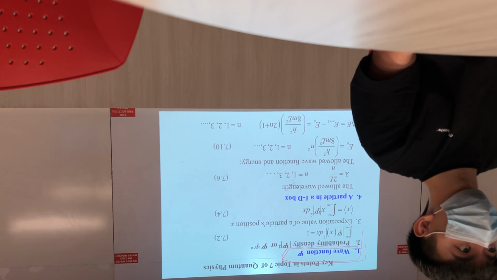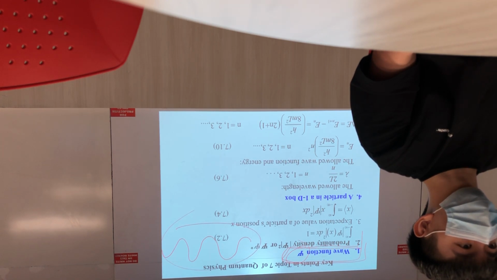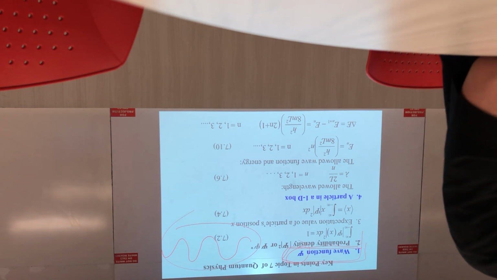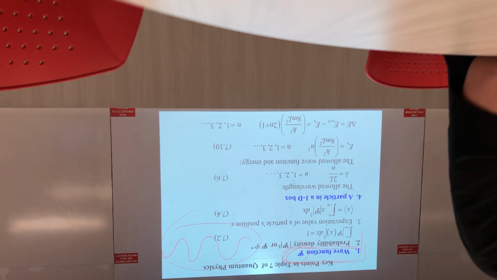When the wave function is given, you know this wave function will give us this wave. From this wave function, we still want to know the location of this particle. The location of the particle is calculated using probability.